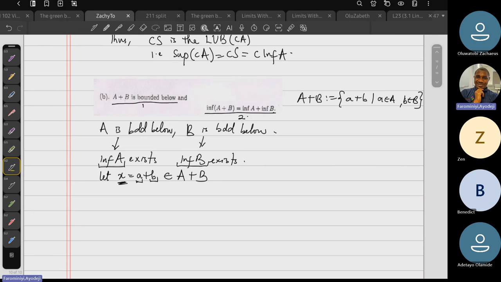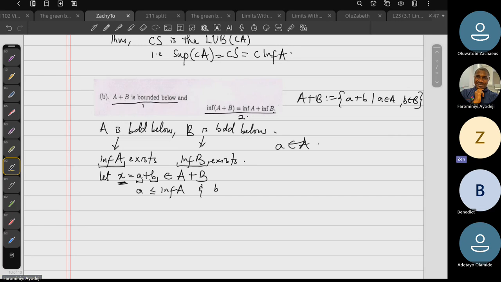Because they are infimum, we know that a is less than or equal to infimum of A, and small b is less than... Is that statement true? What I've just written. Yes, a is in A. a is an element, a is in A. So can a be less than or equal to infimum of A?